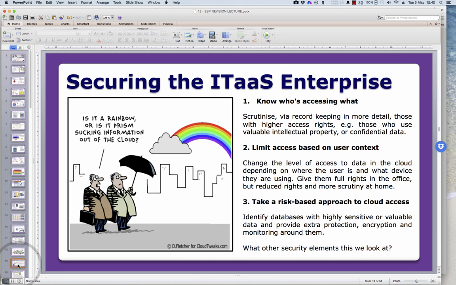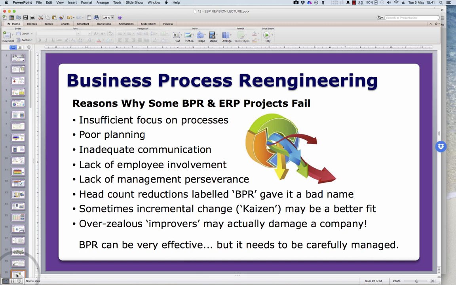Limit access based on user context. So if they're on a mobile device, then you give them fewer rights than if they're in your actual office. Take a risk-based approach to cloud access. So there are some considerations for securing the enterprise that you need to think about there. So just go onto that lecture and have a look.